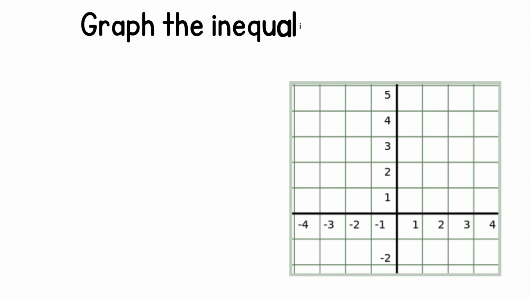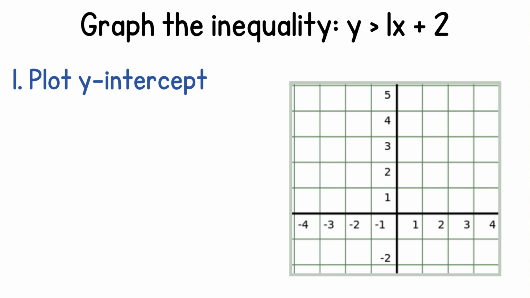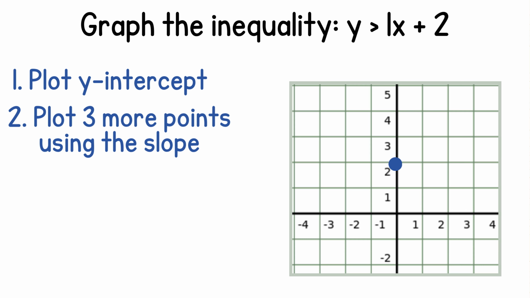Now let's practice graphing these inequalities. We'll start with y is greater than 1x plus 2. We always start by plotting the y-intercept. In this inequality, our y-intercept is 2. So we'll put our first dot on the y-axis at 2. Then we're going to plot 3 more dots by using the slope. Our slope is positive 1. So we'll go up 1 over 1 and repeat this.